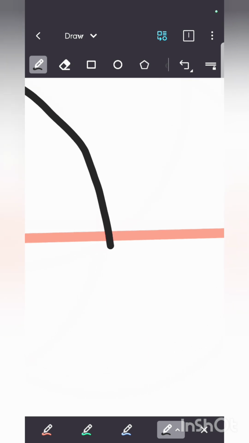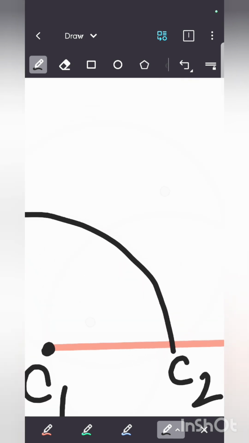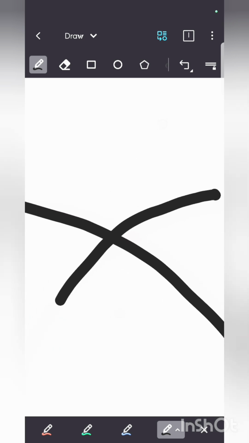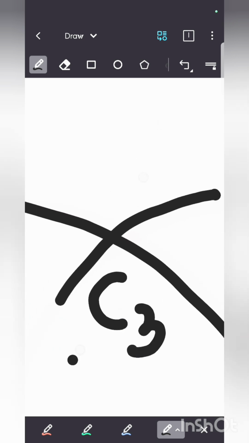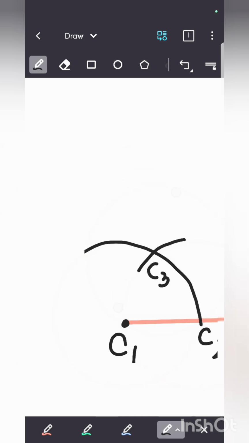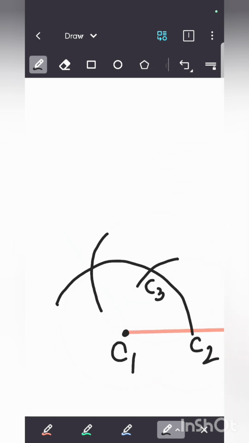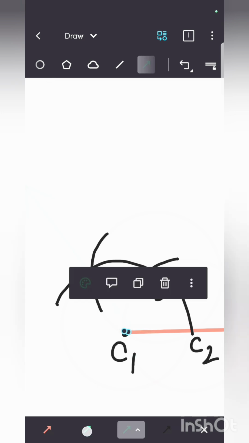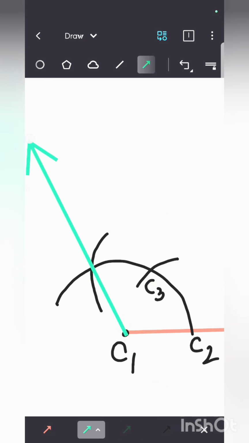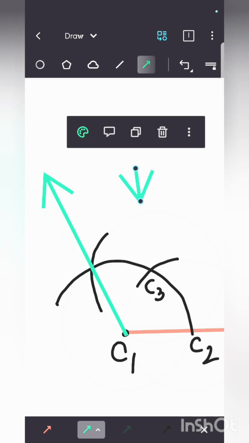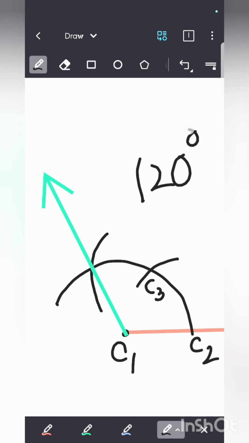Then the second position is similarly C2, and now we point our compass tip on C2 and cut an arc like that and get our third position of our compass and put the compass tip on this point and cut another arc on this arc. Now you get an angle of 120 degrees and now join it. This is done and it is your 120 degree angle.